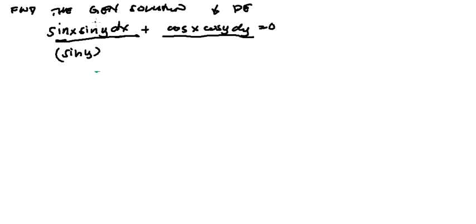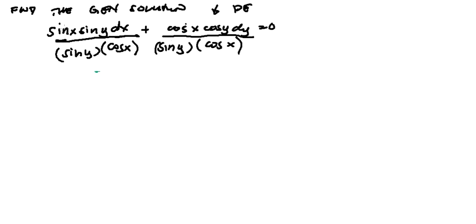If we divide this by sine y, we must also divide this term by sine y. And since we have here in terms of y, to cancel this out, we need to divide this term by cosine x. And since we divide this by cosine x, we must also do the same here, in order for our equation to be equal.